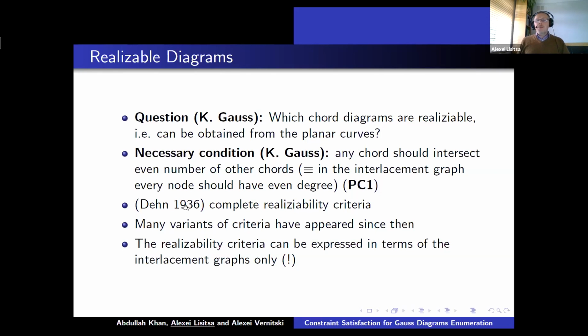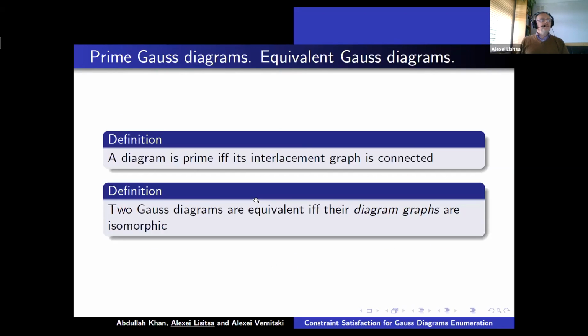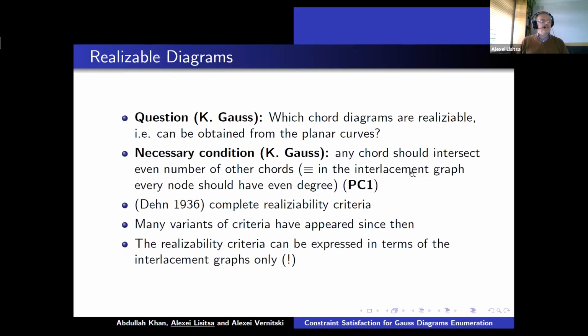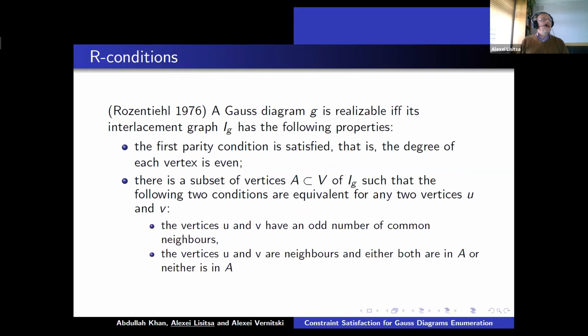But the important point for today's presentation is that this realizability criteria can be formulated in terms of interlacement graphs only. Let me quickly go back. It means that in order to answer whether B can be transformed to A, the center to the left picture, it's enough to consider only the information on the right, in this interlacement graph. That's enough to answer this question, positively or negatively.